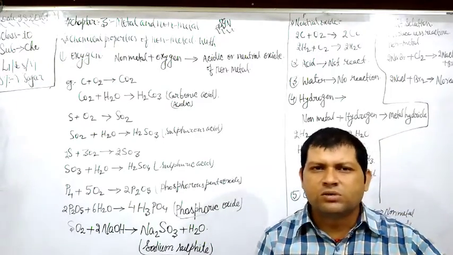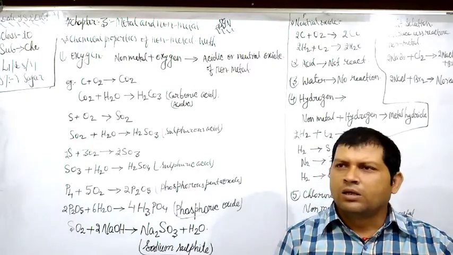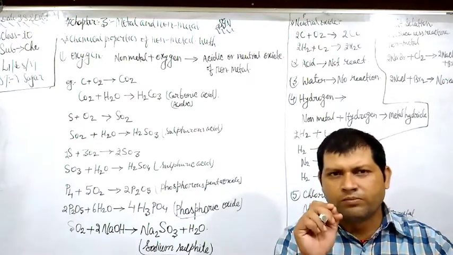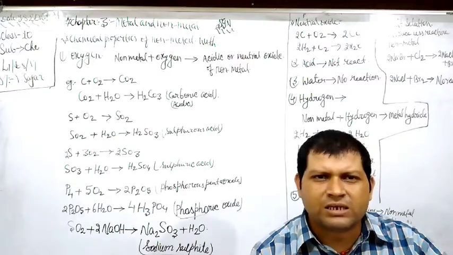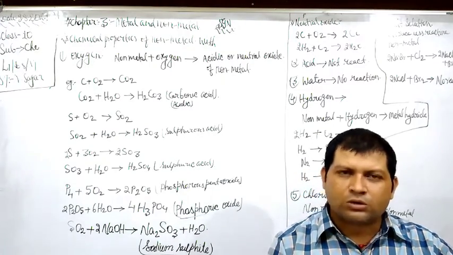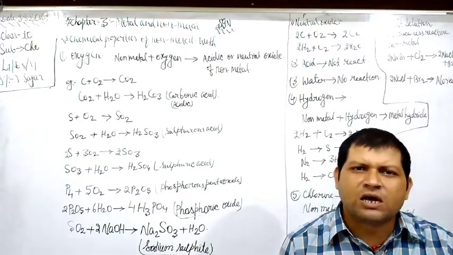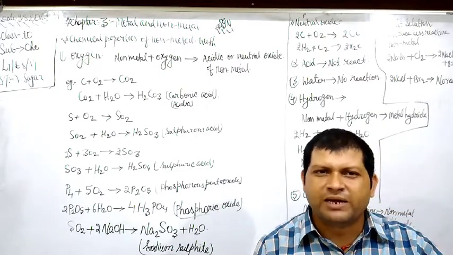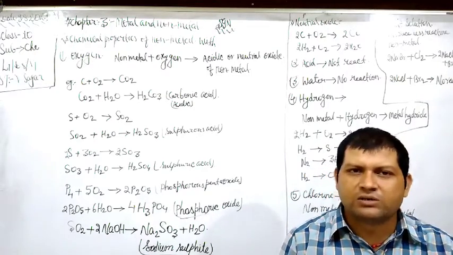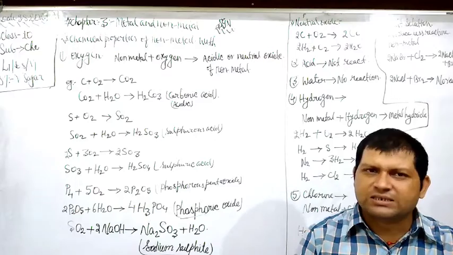Before it, I want to say there is valence electron. What is valence electron? The total number of electrons present in the outermost shell of an element is called its valence electron or valency.